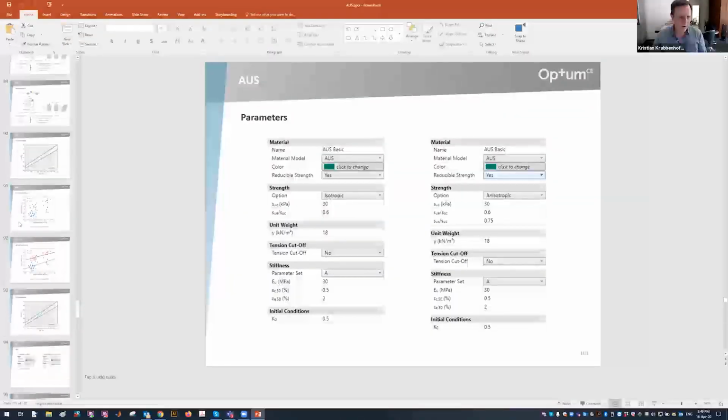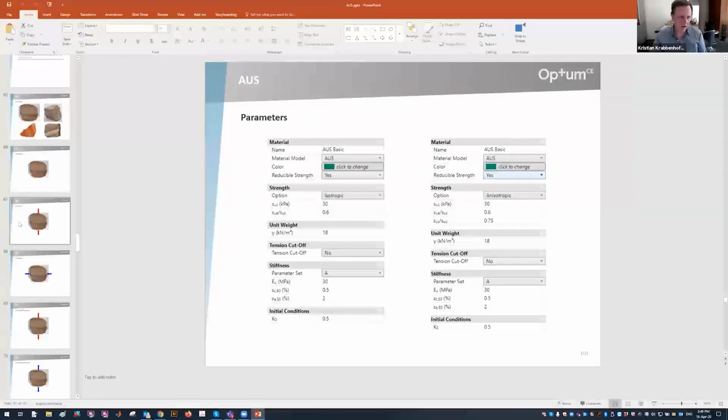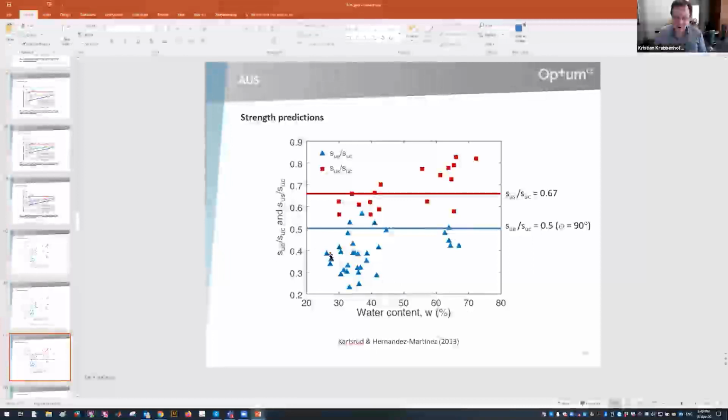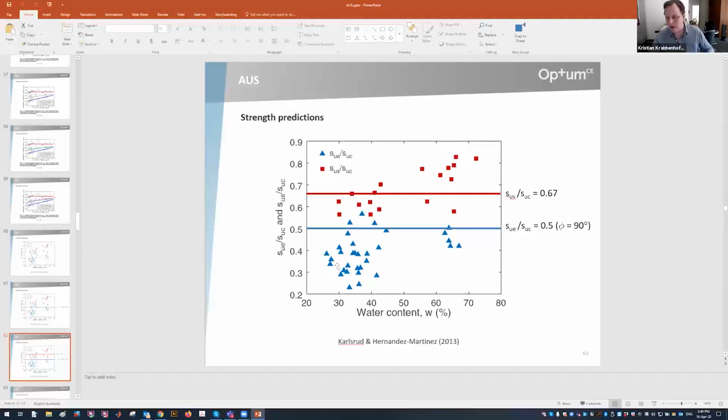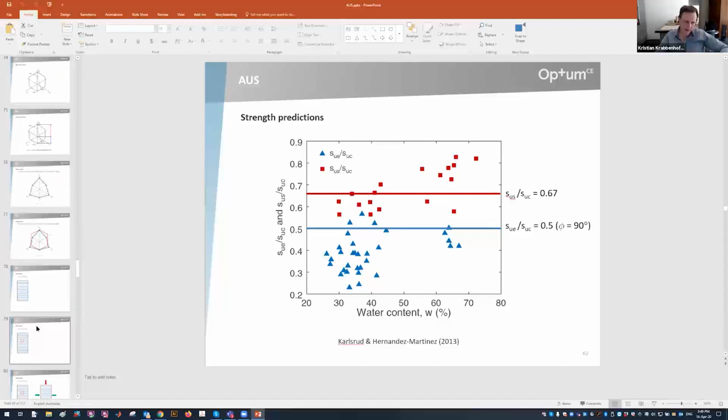And so for the lab data here, this model works absolutely fine, right? If you have more unusual extension to compression ratios, much lower than 0.5, well, that is consistent with the idea that there's anisotropy at play, and then of course it's the full anisotropic version of the model that should be applied.